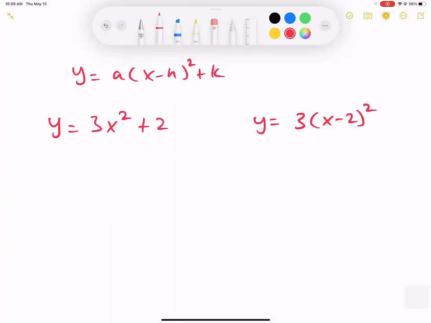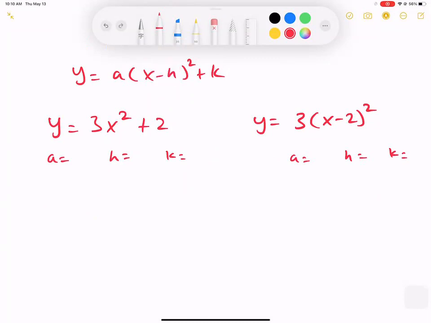Well, let's try. The first one, what is my a? What is my h? And what's my k? Now, these don't look exactly like it, because I don't have the parentheses in the first one. So what do you think the h value is? What would the h value be if I wanted to cancel it out?